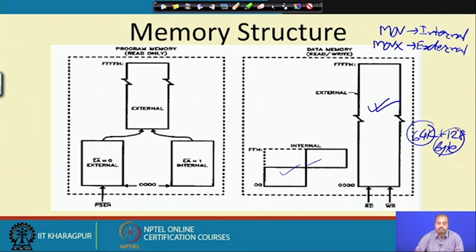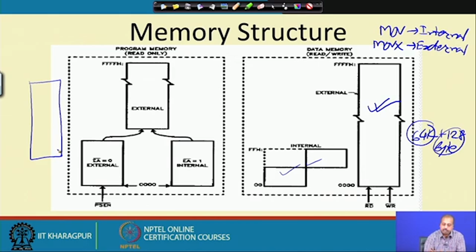For the program memory side, if EA bar is equal to 0, then whenever it is accessing the program, it will be accessing the external memory. Okay.